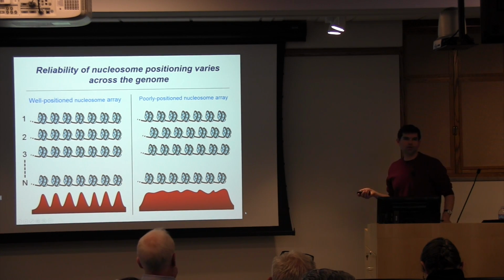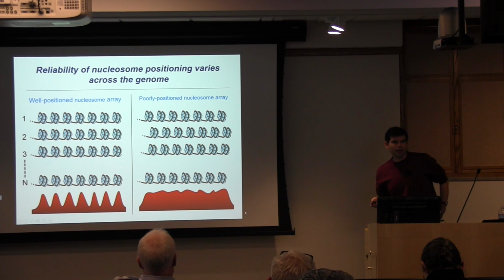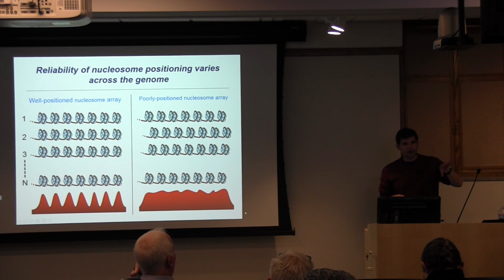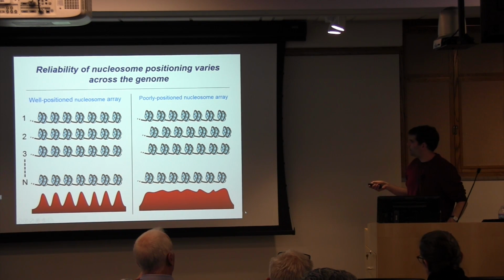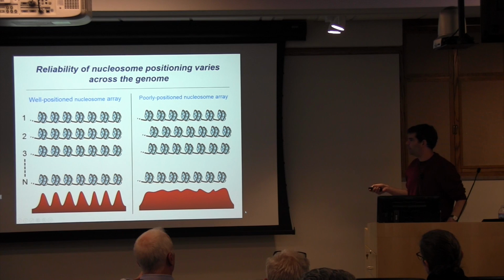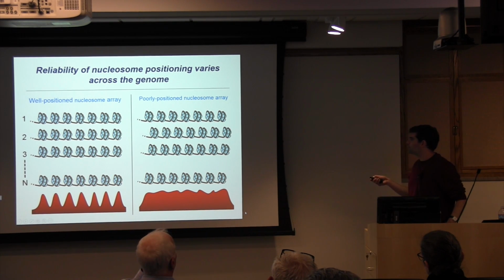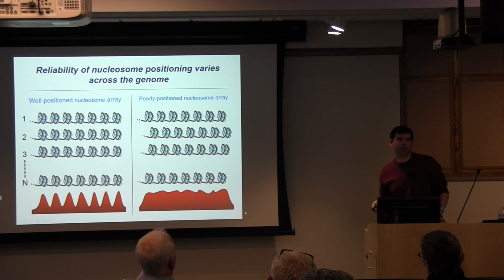You don't really get much useful information out of this. So if you're trying to understand how something like DNA methylation relates to nucleosomes, the first order of business is to find places that look like this, because there is where you can learn something. Places that look like this basically scramble all the information about where nucleosomes really sit in each individual piece of DNA.